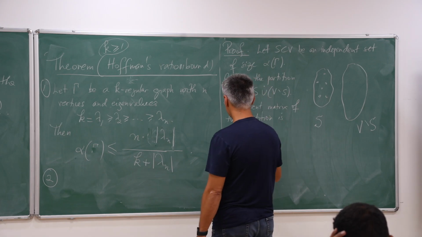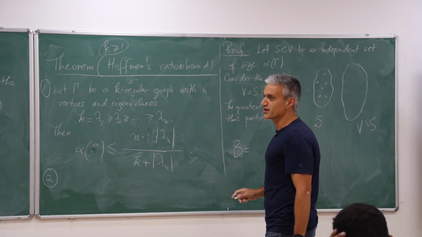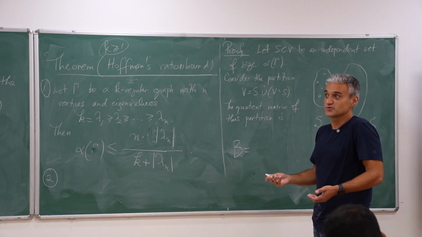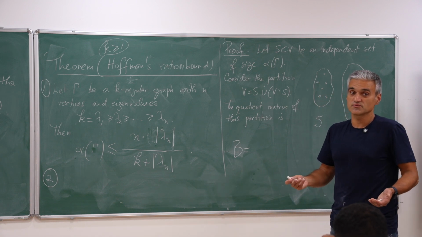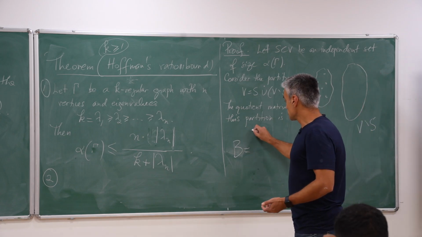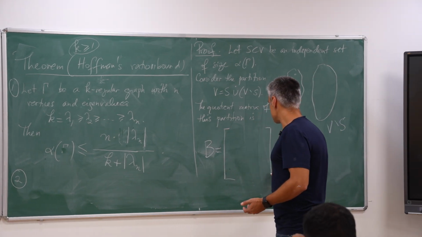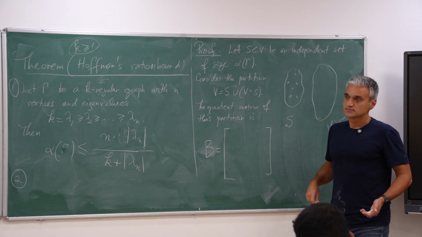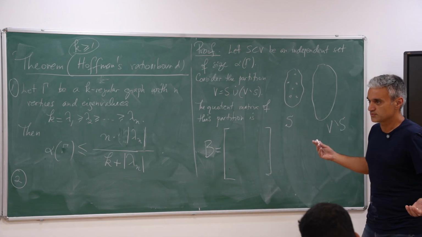The quotient matrix of this partition is the following. I'll call it B, and obviously before I want to use any eigenvalues, I need to have a matrix, this quotient matrix. So let's figure out what this is. First of all, how big is this matrix? 2 by 2. Okay, how hard can it be?